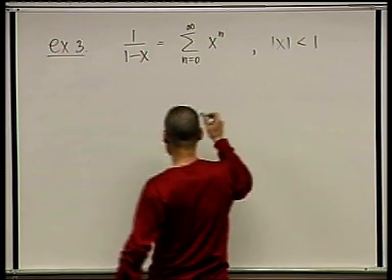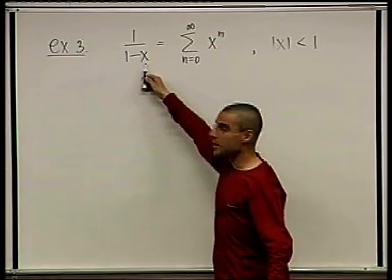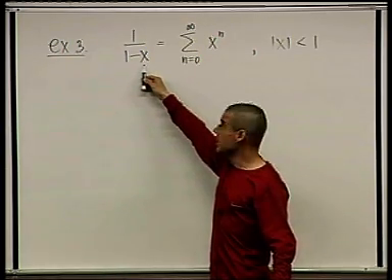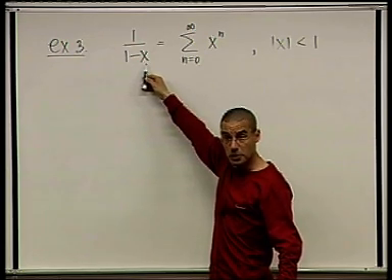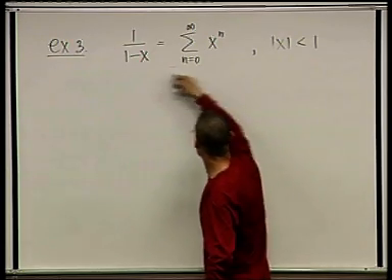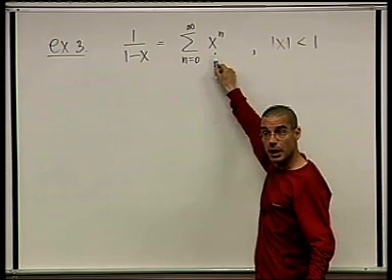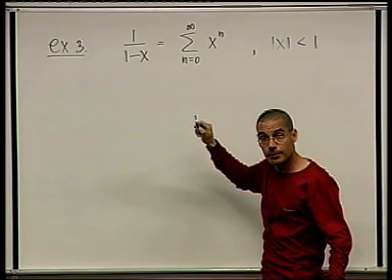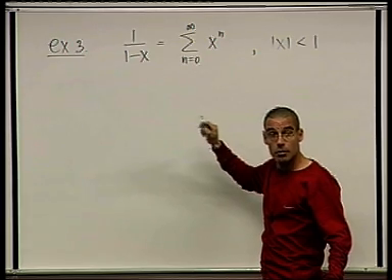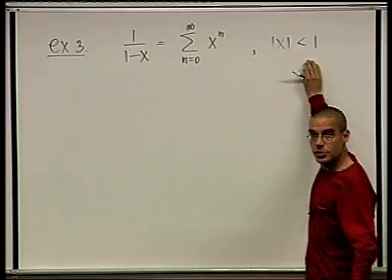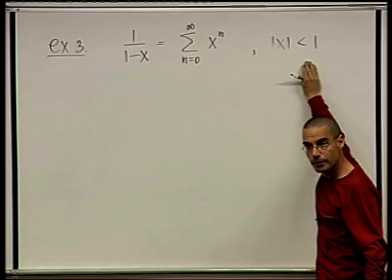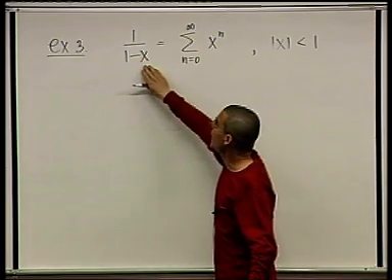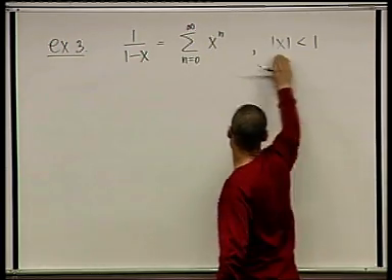Do you agree that if I write t instead of x, it would still be true, providing I write the t here and here? Would it be true for any t? No, absolute value of t less than 1. Only if t satisfies this requirement. What if I put s here and here, and s is less than 1?